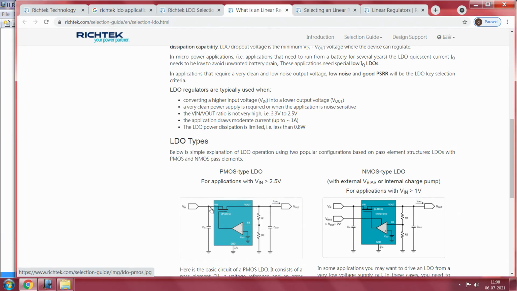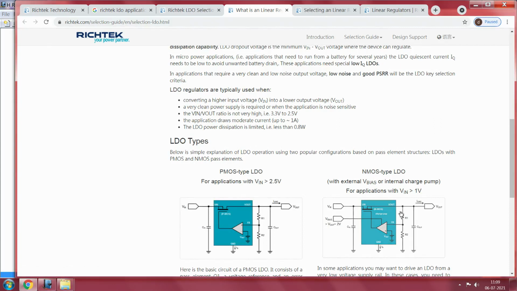Therefore, you change the conductance of the series pass transistor in order to keep the output in regulation, and all that is done using this error amplifier and the sensing resistors R1 and R2. Sometimes R1 and R2 can also be inside. So look out for manufacturers which may put them inside, in which case they will mostly be fixed output LDOs, you can't have variable.